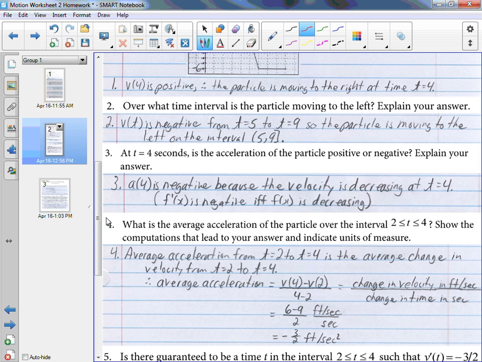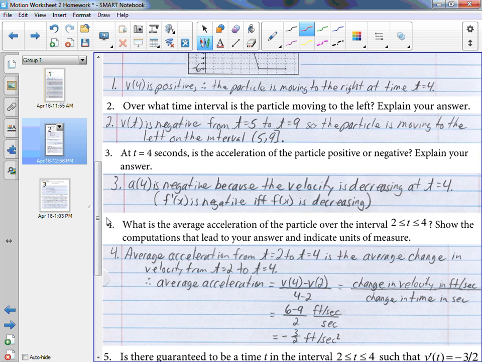But it's the change in velocity in feet per second divided by change in time in seconds. The only reason I'm writing that down is to help me get my units at the end. Okay? Well, v of 4 is 6. v of 2 is 9. So that's 6 minus 9 over 2. So that's negative 3 over 2.